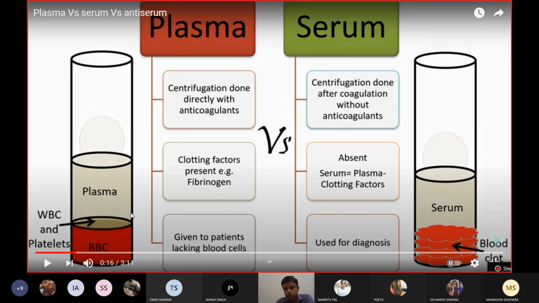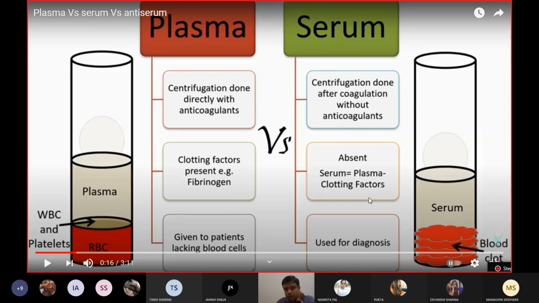So in this, clotting factors, proteins, for example, fibrinogen are present. Whereas serum is plasma minus the clotting factors. So plasma has the clotting factors, whereas serum does not have the clotting factors. Clear?